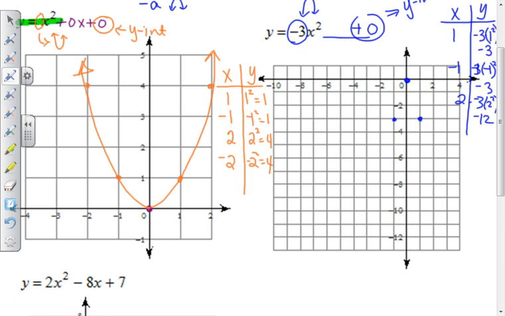So positive 2 gives me negative 12. I can clearly see that this is going to be my line of symmetry, so I can, in effect, cheat. If I have a point that's 2 away from the line of symmetry, I have one 2 away here, and that gives me a nice point to draw my graph from.